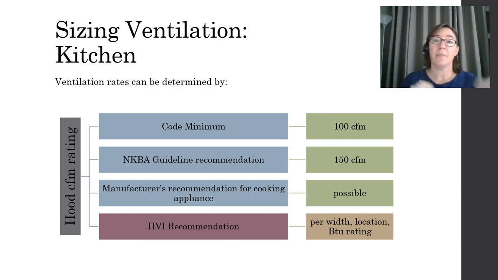It's possible that your cooking appliance will have a manufacturer's recommendation, but the best way to size your hood is to use the HVI recommendation. That's the Heating and Ventilation Institute. They have specific recommendations per the width of your cooking appliance, the location of it, and its BTU rating. So let's take a look at those.